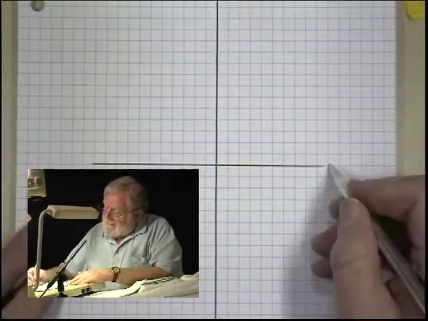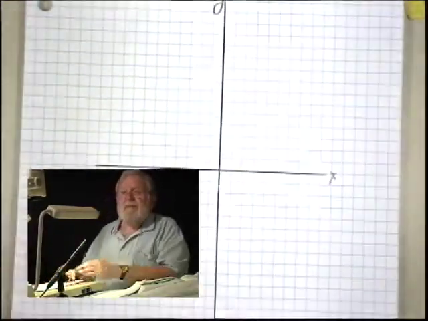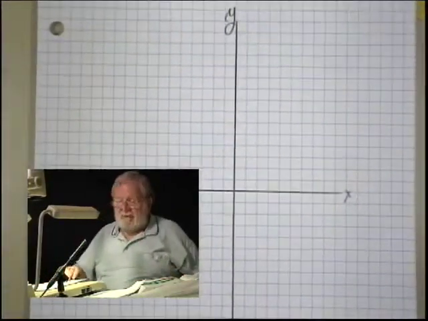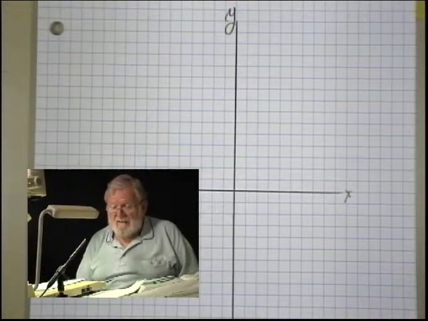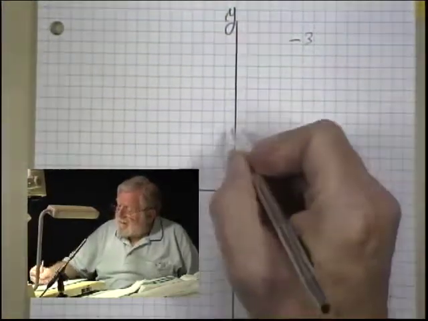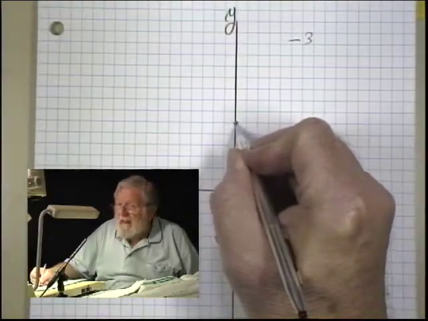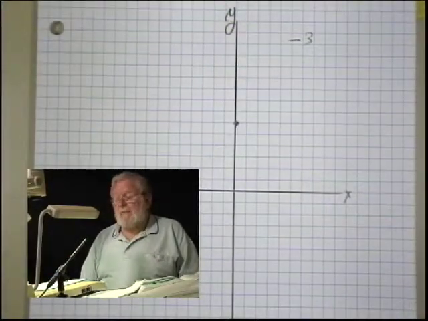This will be my x, and this will be my y, and we don't know exactly where this line is, but we'll draw a line that has a slope of minus 3. So we'll start the line right here at this point. We'll start both lines at that point.